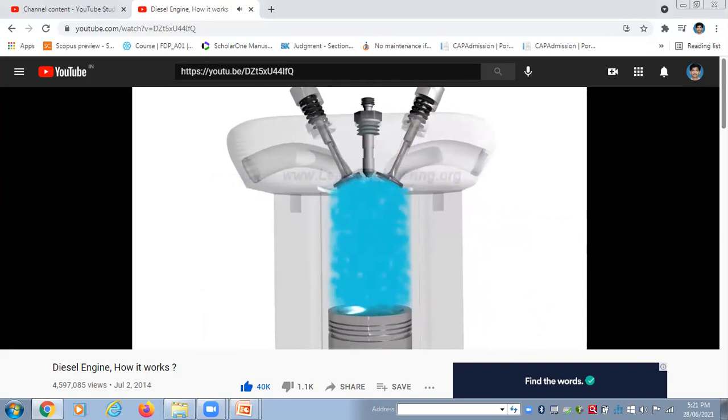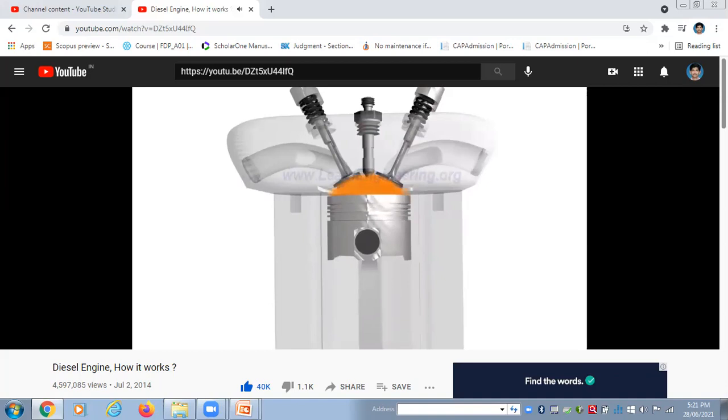During the return stroke, inlet and exhaust valves are closed, and the air inside the cylinder gets compressed. During the compression stroke, the piston does work on the air, so the temperature and pressure of the air will rise to a level which is higher than the self-ignition value of the diesel. An atomized form of diesel is injected into this compressed air.